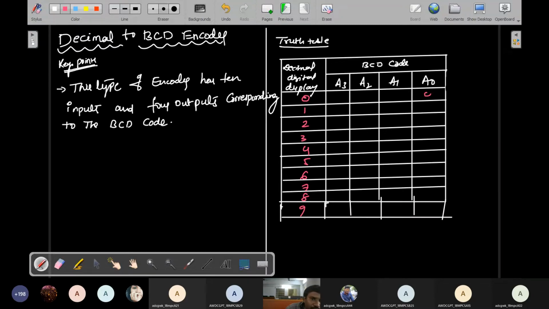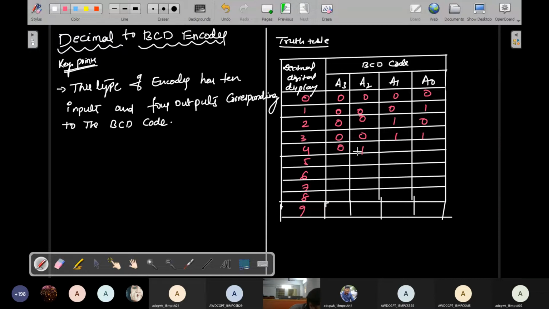And simply write all zeros: the BCD outputs are all zeros. Why? Because if you convert a decimal number into binary, almost all the bits are 0. So 1 is 1 0 0 0, and similarly 2 is 0 1 0 0, and this is 1 1 0 0.